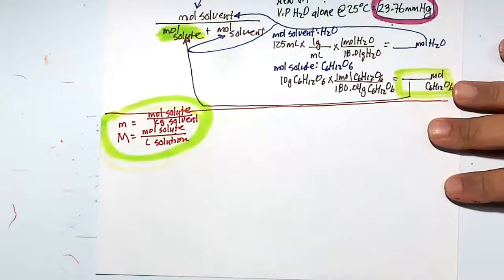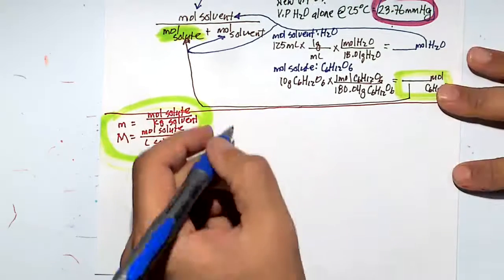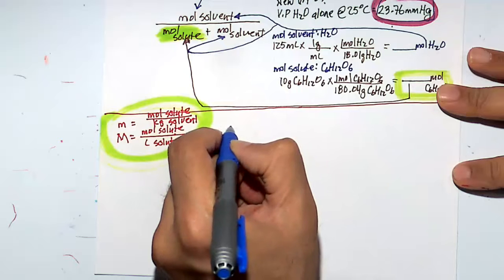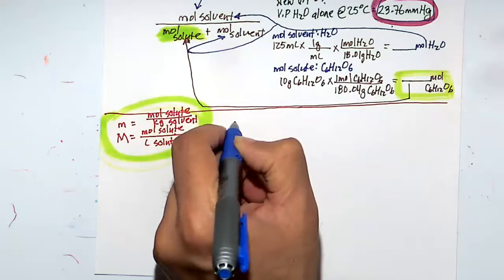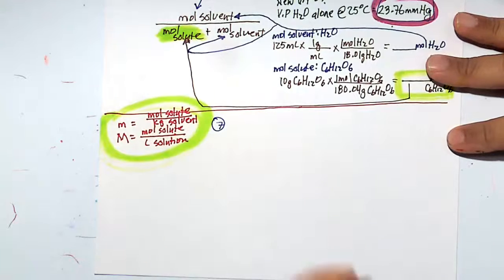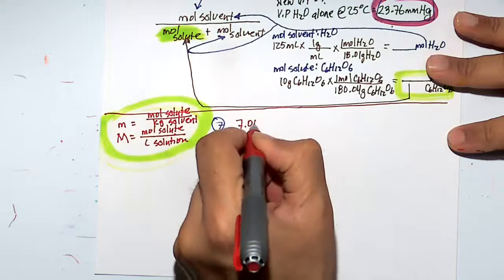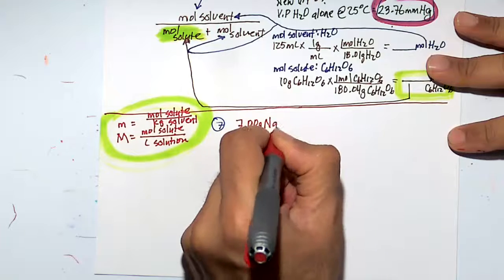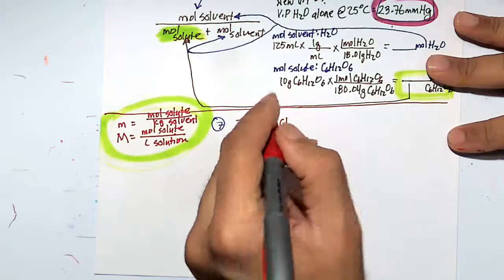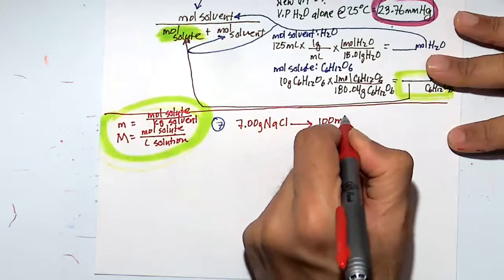Here's a problem that involves mole percent. Let's say I have 7 grams of sodium chloride, and I dump it in 100 milliliters of water.